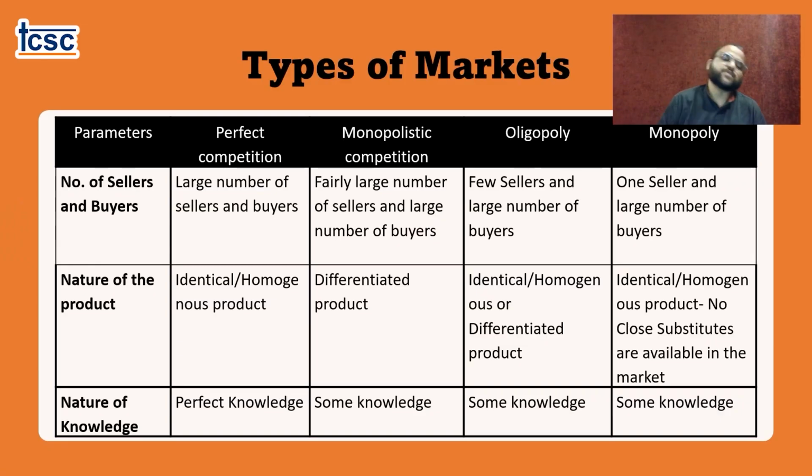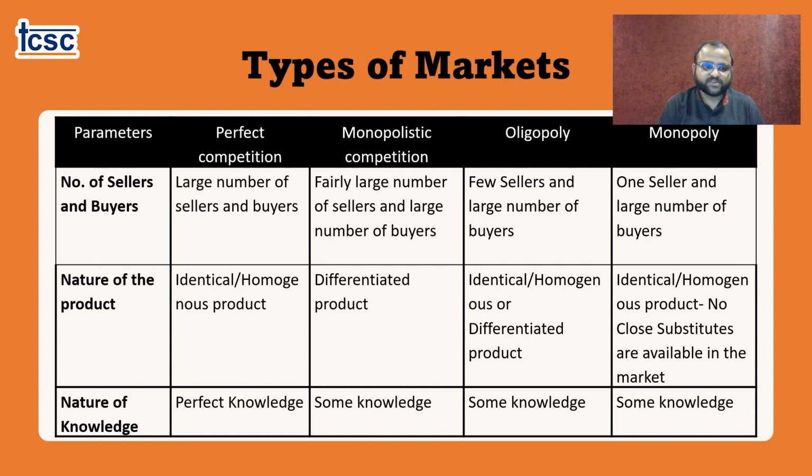And now what I'm going to do is give you a brief overview of all four types of competition so that you are able to correlate and make sense of why these four are similar but different. So, perfect competition is a space where you have a large number of buyers and a large number of sellers. Monopolistic competition has a fairly large number of buyers and sellers. Oligopoly is few sellers and a large number of buyers. And monopoly is one seller and a large number of buyers.